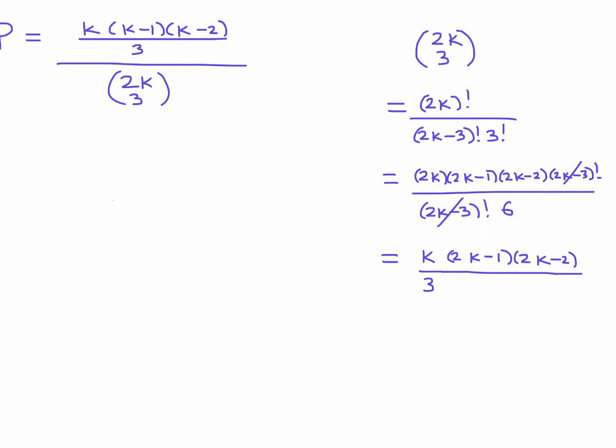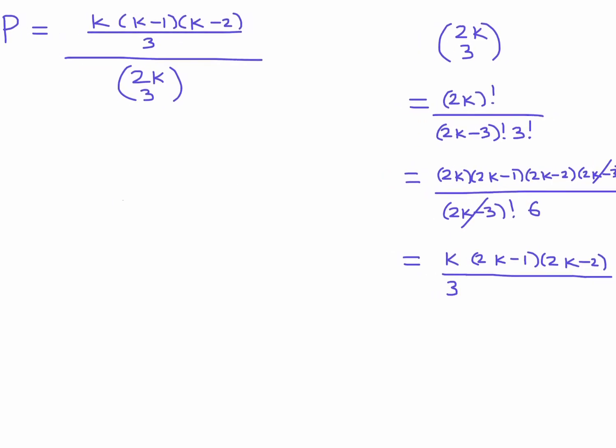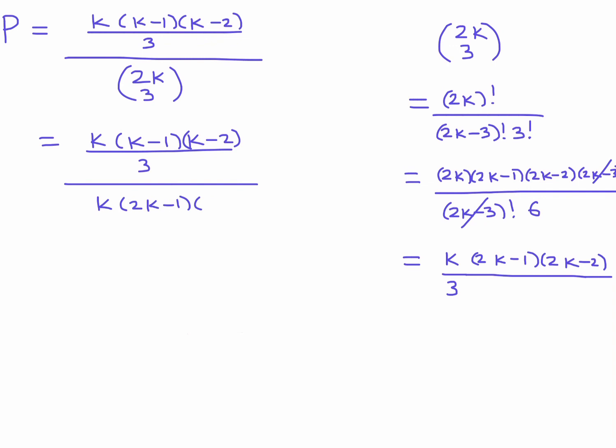Okay, so that's what I'm going to place into my denominator over here. So the numerator stays the same for now, and then that's over 3, and then the denominator I just calculated to be K times 2K minus 1 times 2K minus 2 all over 3.